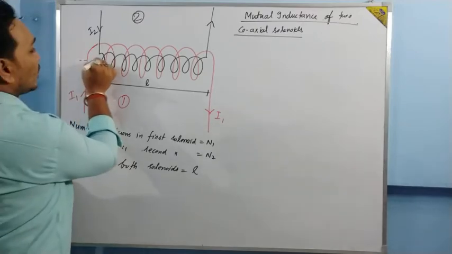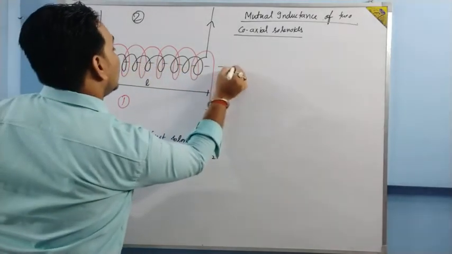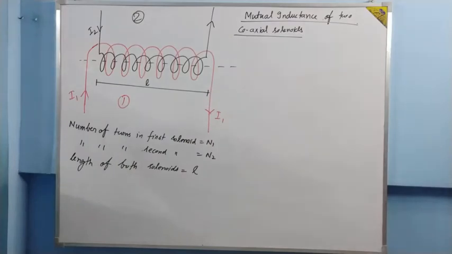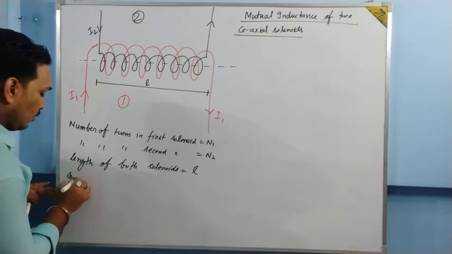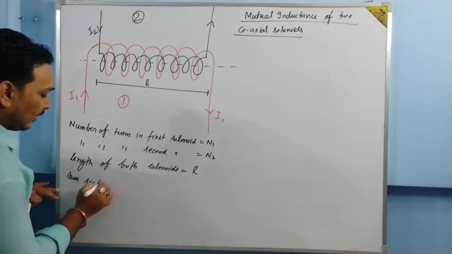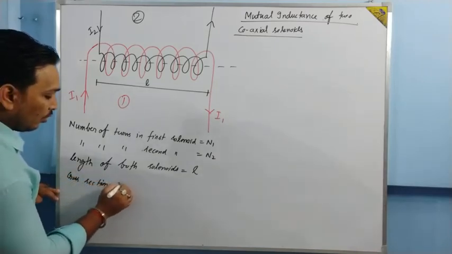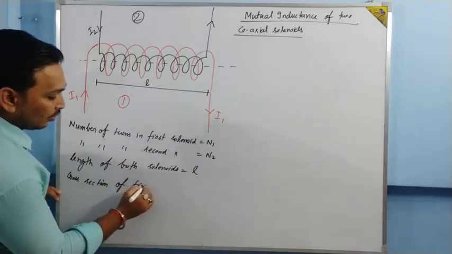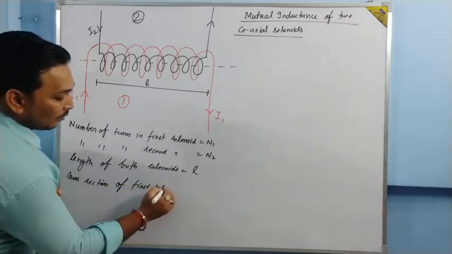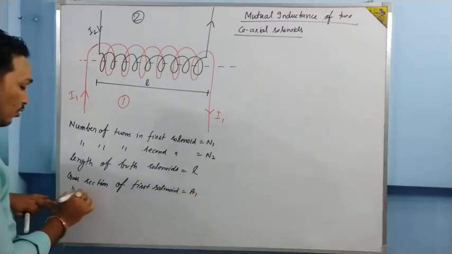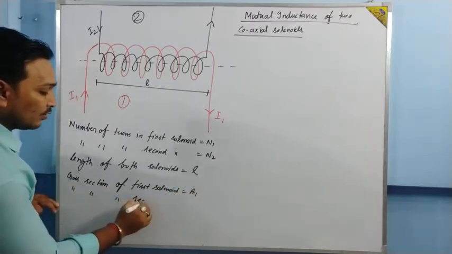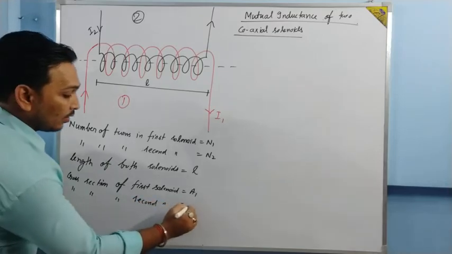What will be the cross section area? Say this is your common axis. Cross section of the first solenoid is A1. Cross section of the second solenoid is A2.